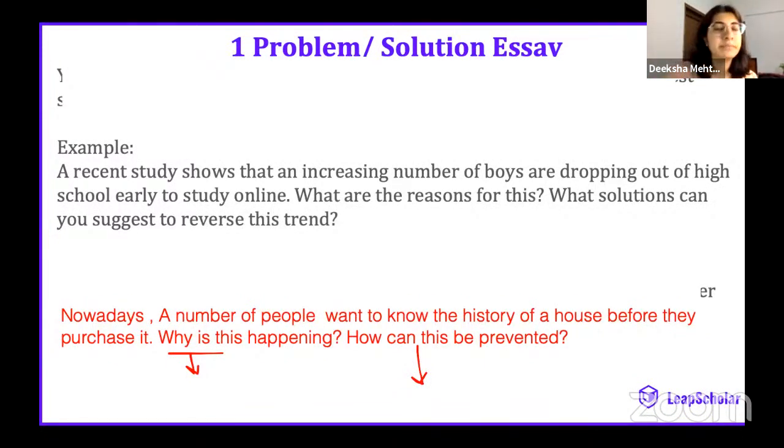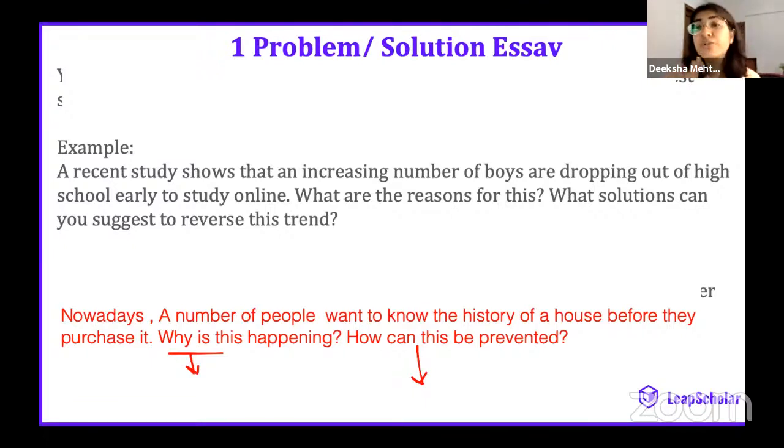Okay, perfect. Now let's look at what essay structure I should follow for all of these essays. All right, so I have good news for all of you: there is one standard structure that you can use for all essays if you want. Mostly 4 to 5 paragraphs are enough for any essay, right?